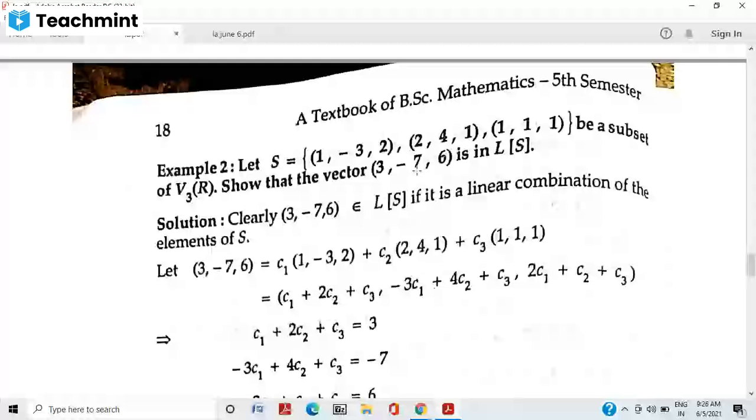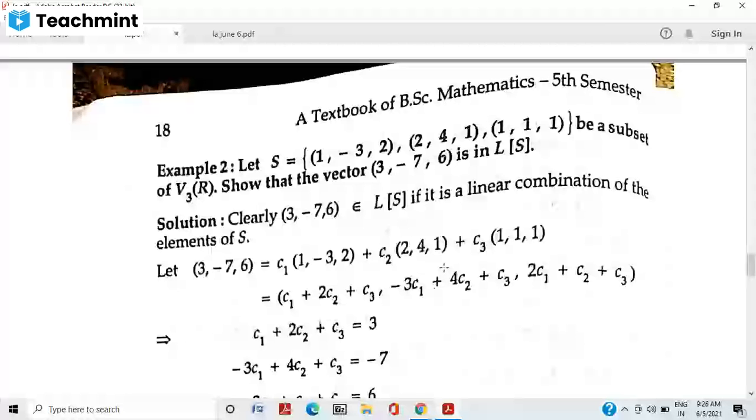We can write it as a linear combination: C1 into (1, -3, 2) plus C2 into (2, 4, 1) plus C3 into (1, 1, 1).